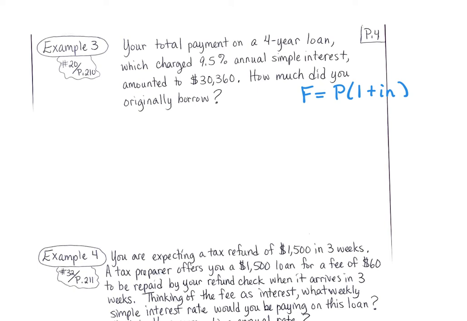So we could solve this for P by dividing both sides by the quantity 1 plus I times N, and that will give us P. So this is what we're actually going to find for our problem. So P is equal to F divided by the quantity 1 plus I times N.